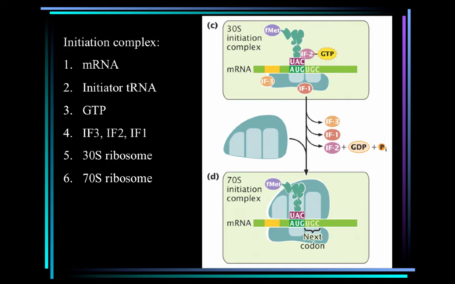Then, as we start to wrap up this initiation process, after these complexes are now in place, all of the initiation factors 1, 2, and 3 are going to disassociate from the subunit complex. GTP is going to be hydrolyzed to GDP, guanine diphosphate, and the large subunit is then going to come in and join the initiating complex.